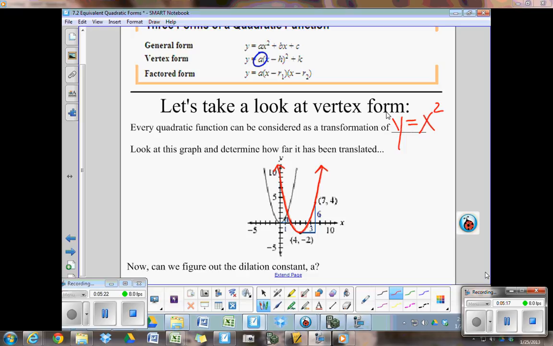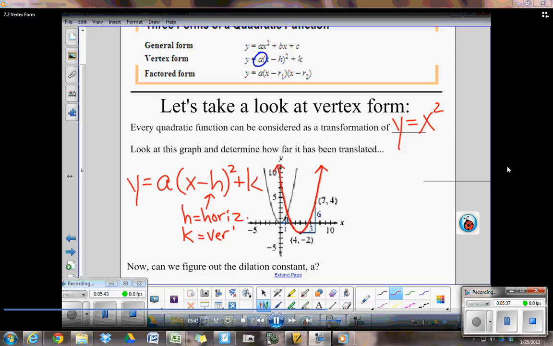One thing that we know is it shifted right 4 and down 2. So we're going to write out vertex form, which is a times x minus h squared plus k. Since it shifted right 4, h will be 4, the horizontal shifter, and k will be the vertical shift.